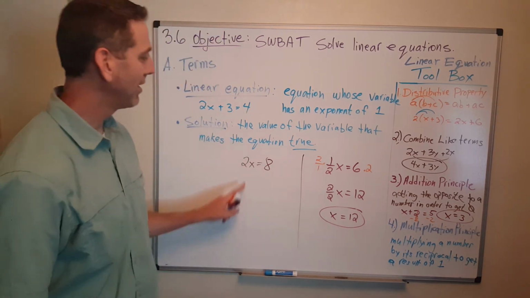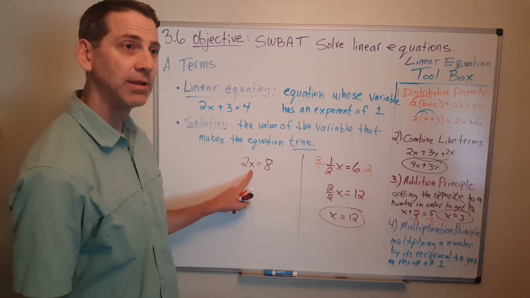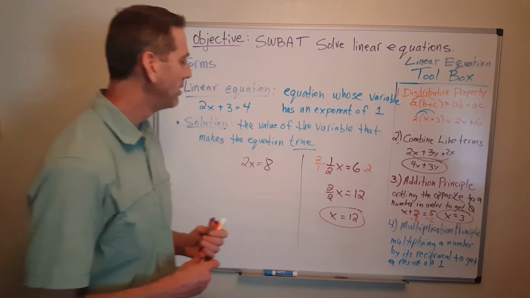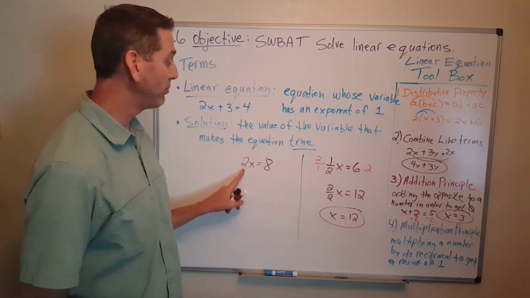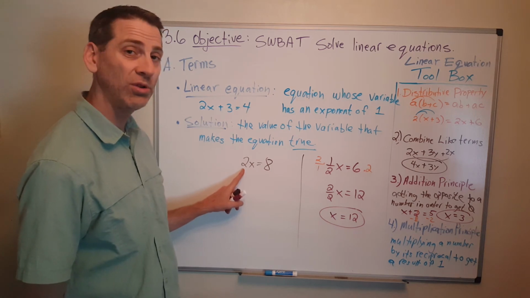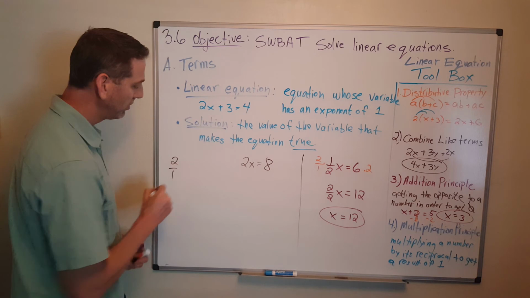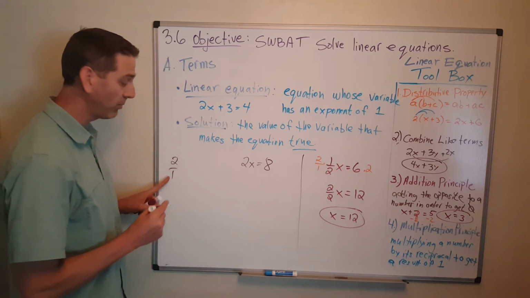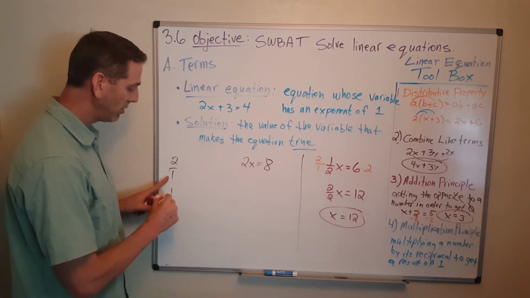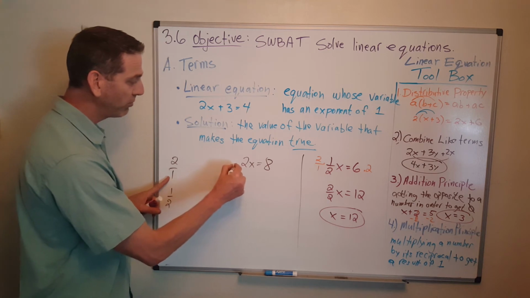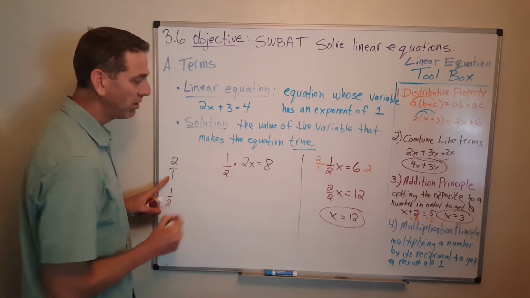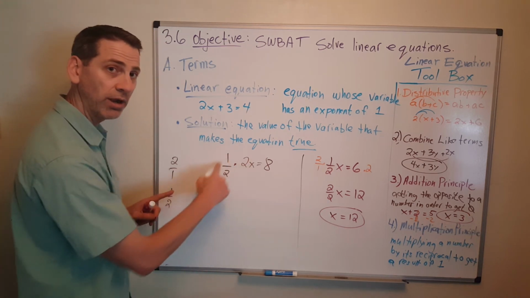Now, this is multiplication. I could multiply this by the reciprocal. What's the reciprocal of 2? Well, 2 is 2 over 1, so the reciprocal would be 1 over 2. If I multiply this by 1 over 2, I would get a 1 here, correct?